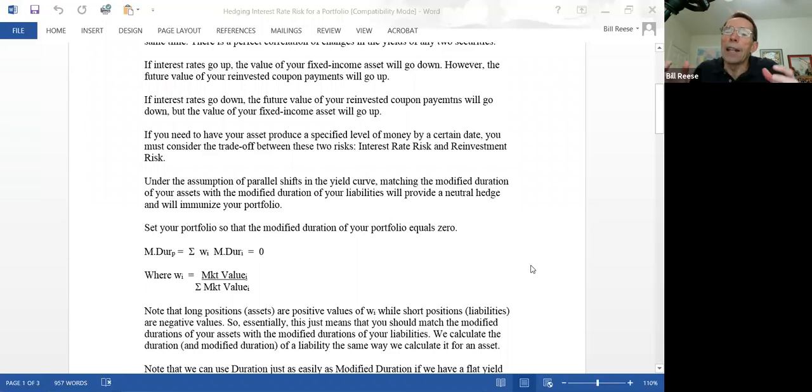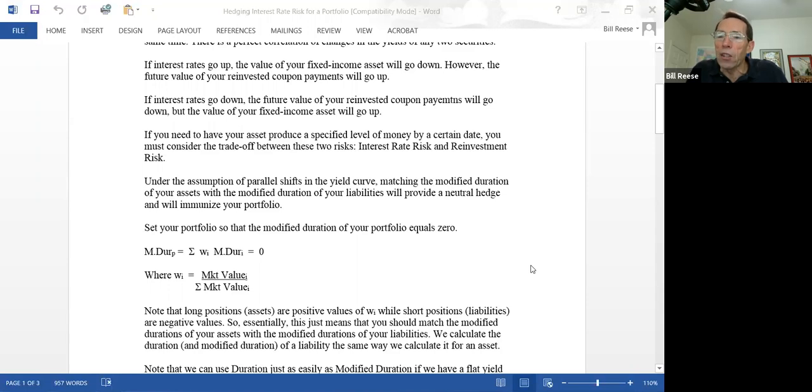And how do you create a modified duration of your portfolio equal to 0? Well, basically, if you have approximately the same market value of your assets as you do your liabilities, you set it so that the modified duration of your assets equals the modified duration of your liabilities.